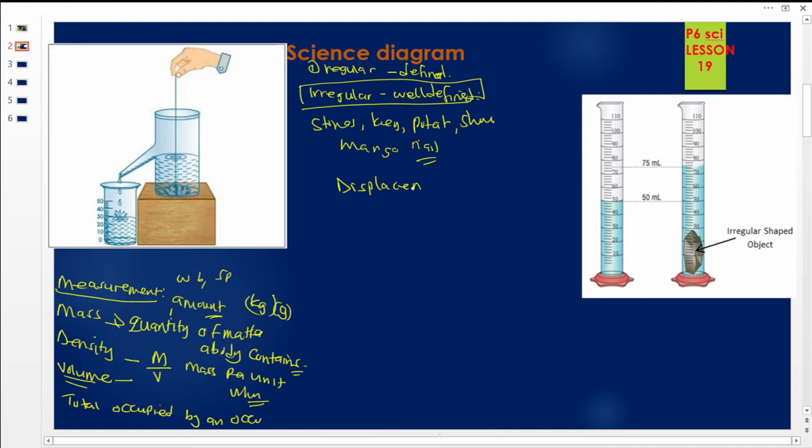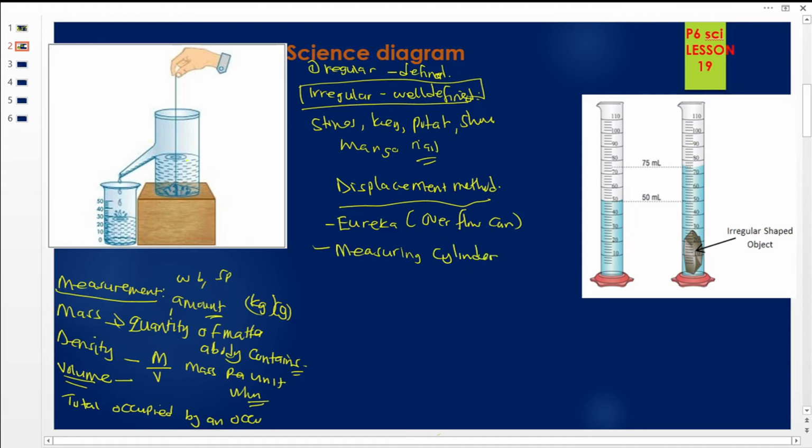This displacement method involves two containers. One is called the eureka, and if you don't call it the eureka, you can call it the overflow can. Apart from this, we also have the measuring cylinder.